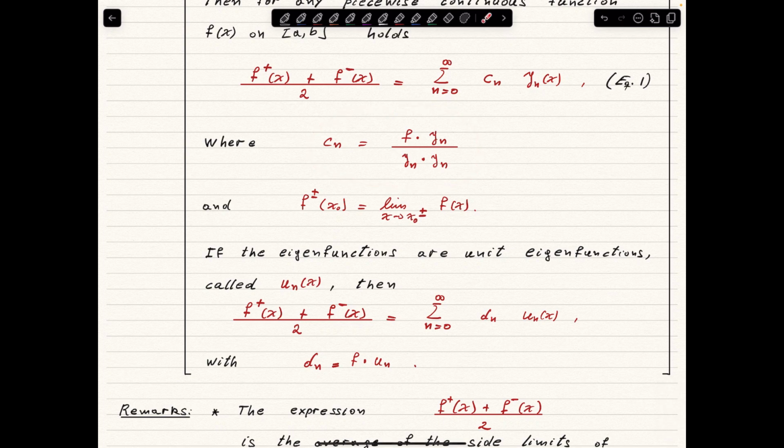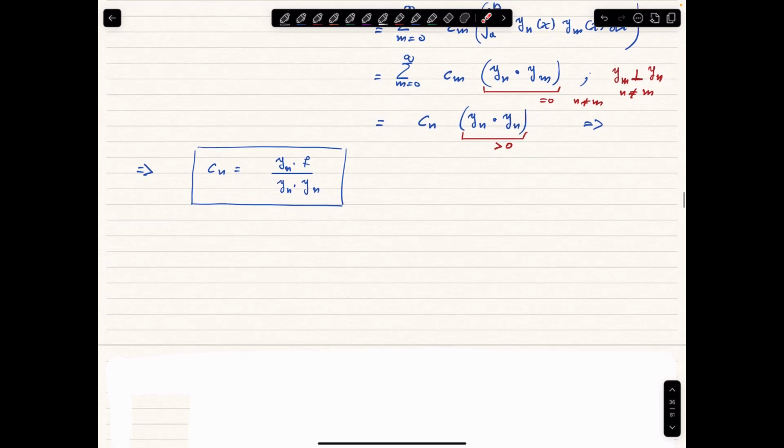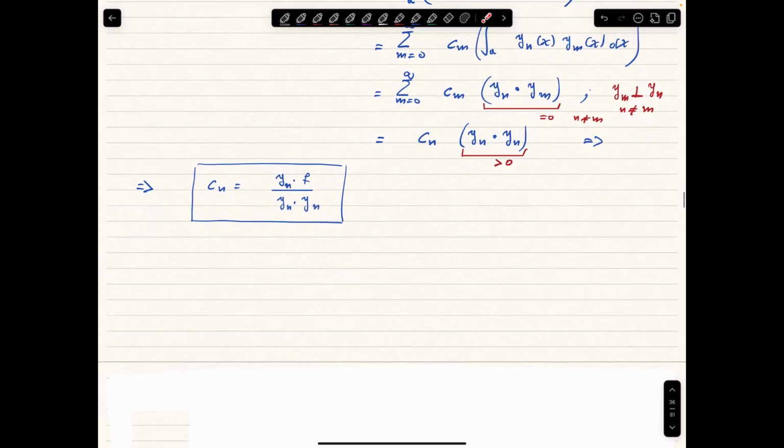Now this formula simplifies when the eigenfunctions are unit, so let's write it here.